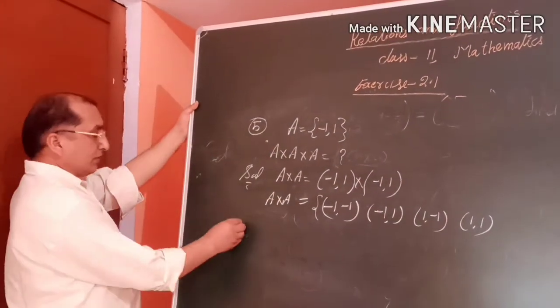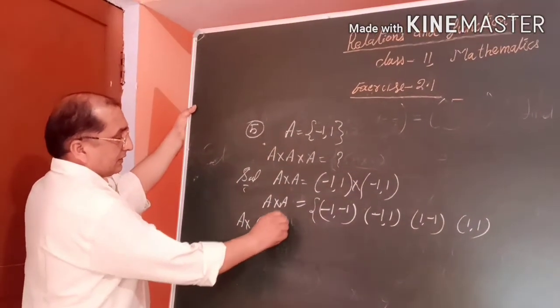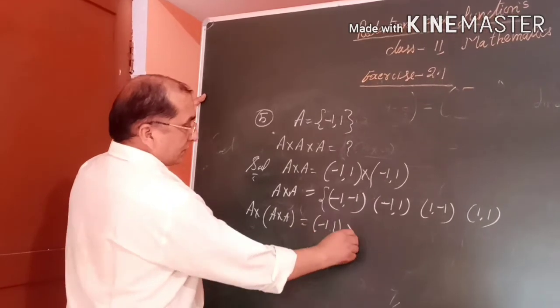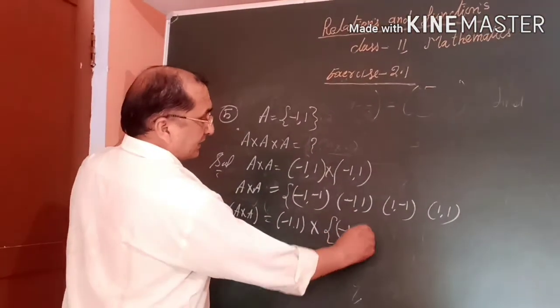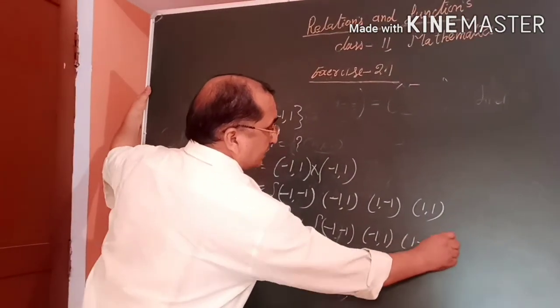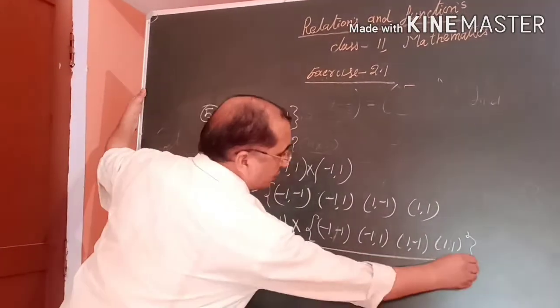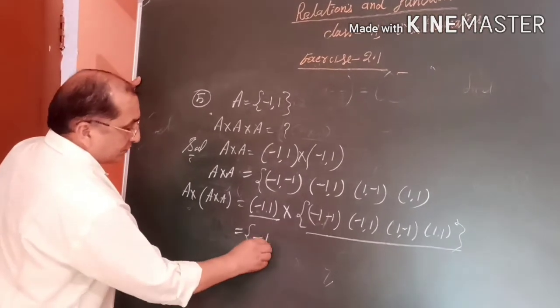Now again we have to solve A into A cross A. So what is A? Minus 1, 1, cross the set minus 1, minus 1; minus 1, 1; 1, minus 1; 1, 1. We multiply each element of A with each of these pairs.